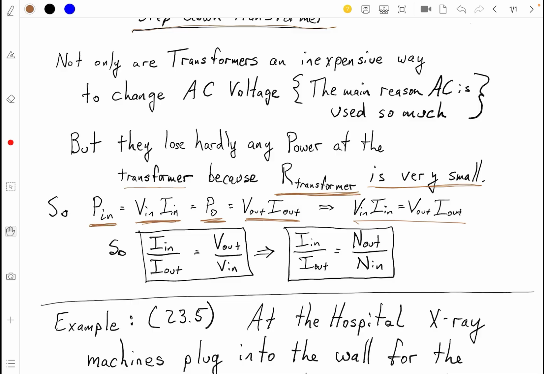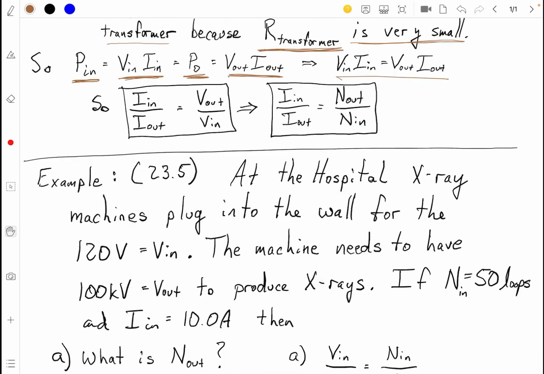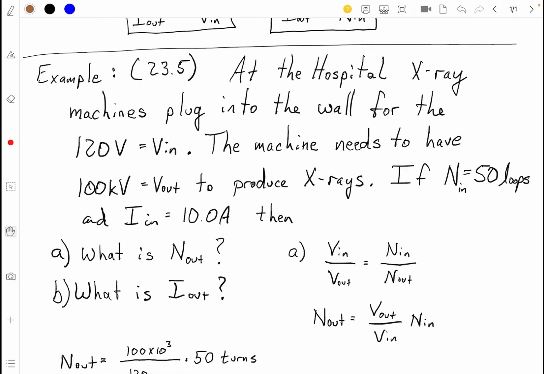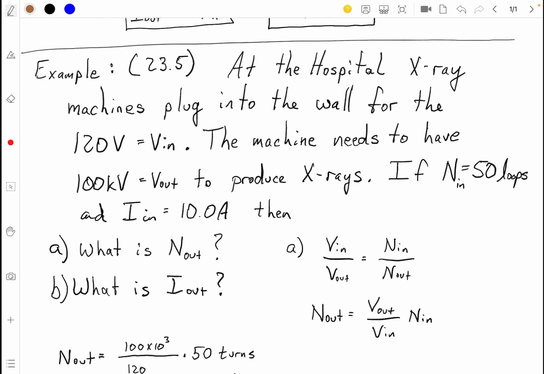So let's do an example. The examples get pretty easy. So at the hospital, X-ray machine, it plugs into a wall, right? So it's got this as an input, 120 volts. But it needs this as an output to produce X-rays, okay? So it's got to crank it up, right?